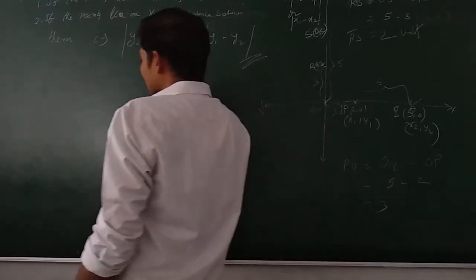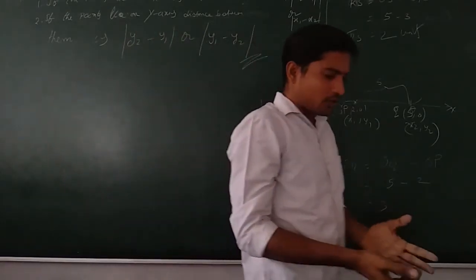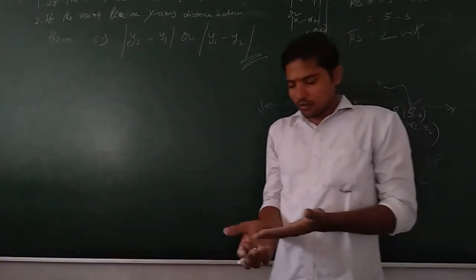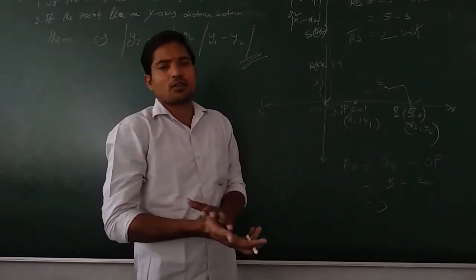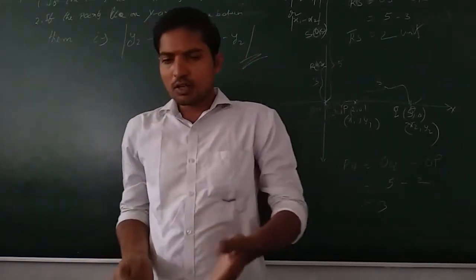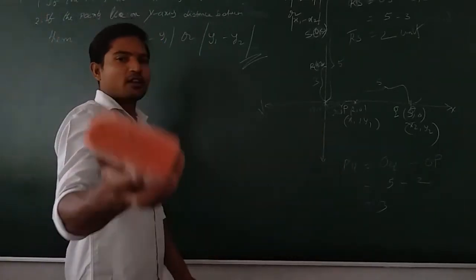Clear? Sir, I forgot these two formulae. Then use our basic formula. What is that? Square root of x2 minus x1 whole square plus y2 minus y1 whole square. That you can use. In both cases, you can get the same answer. I also verified.